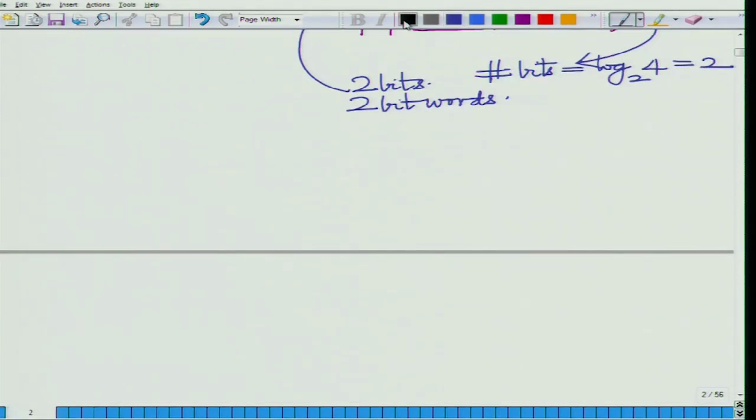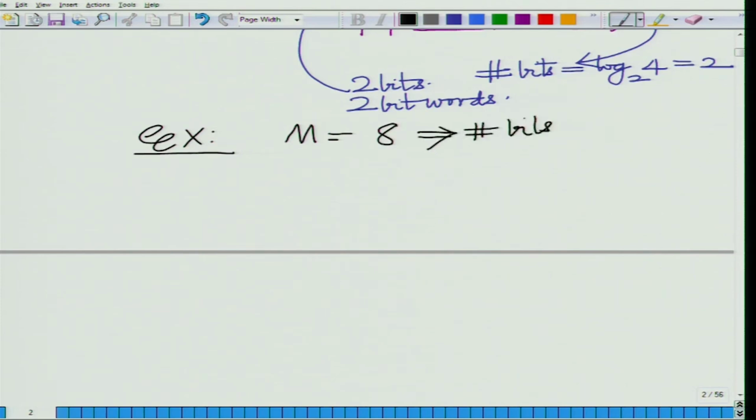For example, let us take a simple scenario where M is equal to 8, which implies the number of bits equals log 8 to the base 2, which is equal to 3.